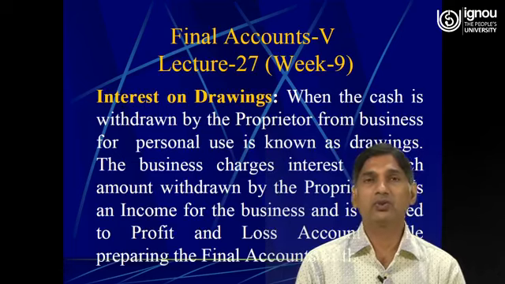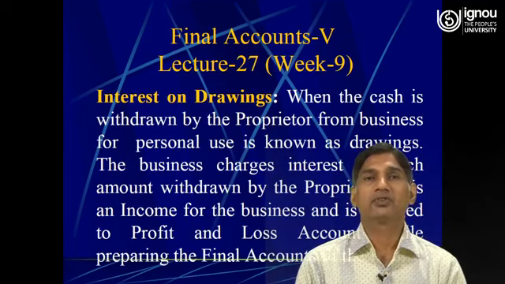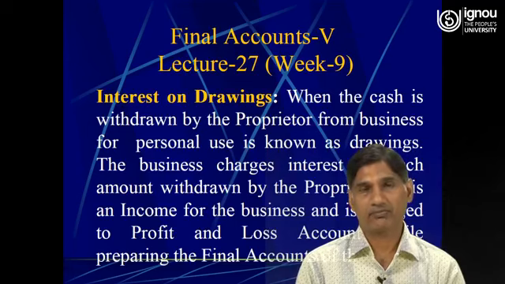So, when the goods or cash is withdrawn by the proprietor for his personal use, it is known as drawing. It is an income for the business and is charged to the profit and loss account while preparing the final accounts of the firm.